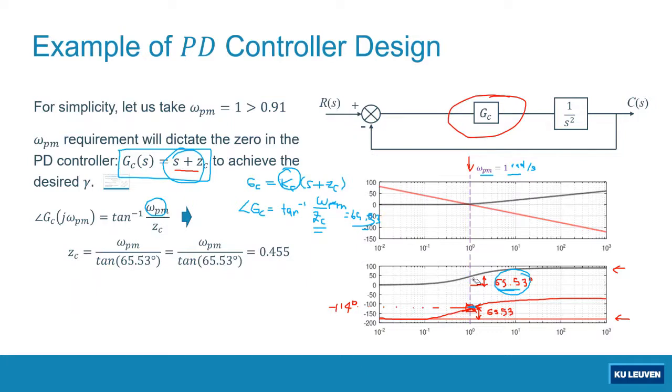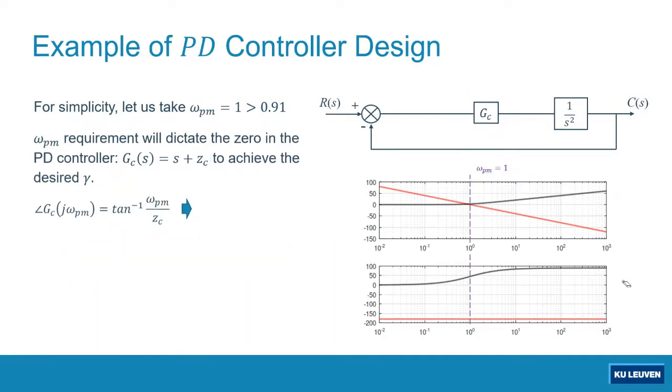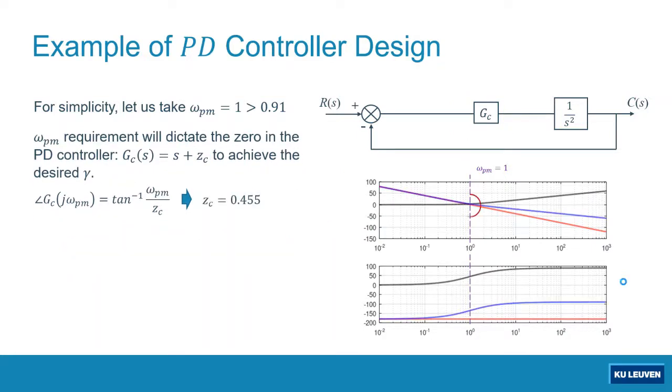Let me erase everything here. After I introduce the dynamic of the PD controller, then the both diagrams of the open loop transfer function will be roughly something like this, like the blue one, the one that I indicated as a blue curve there.